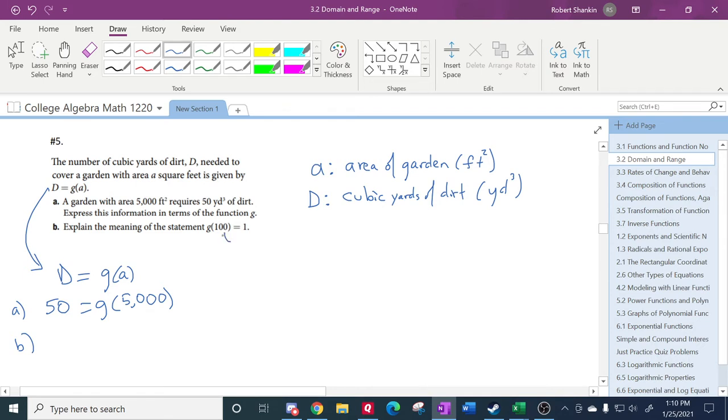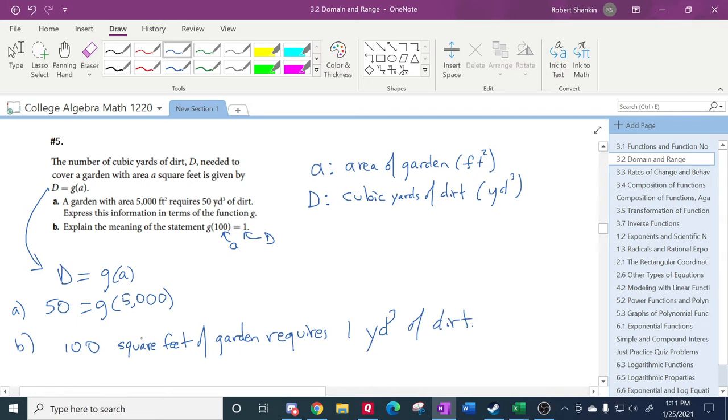Well, according to this, the 100 is the A, and this is the D. So 100 square feet of garden requires 1 cubic yard of dirt.